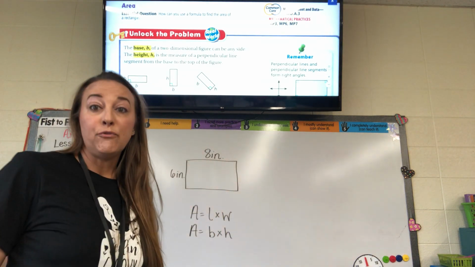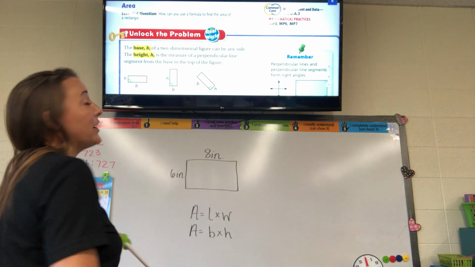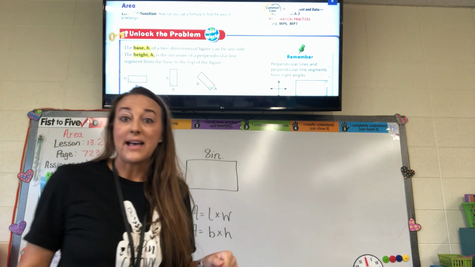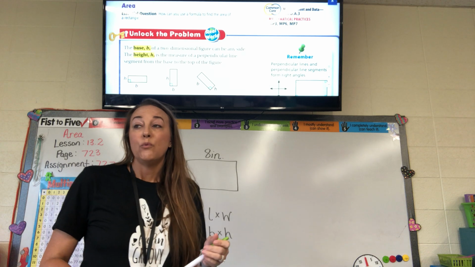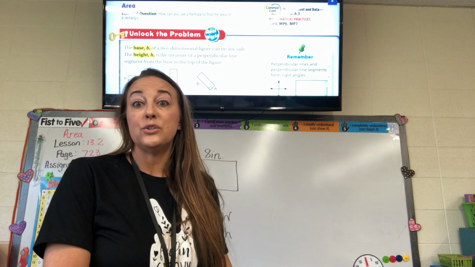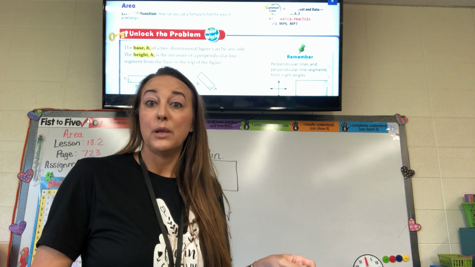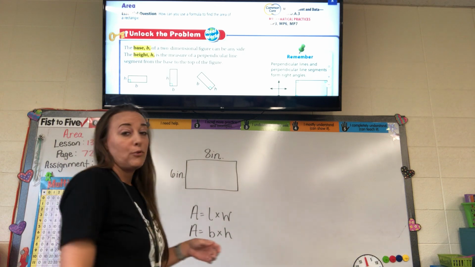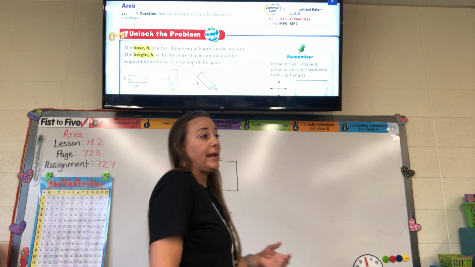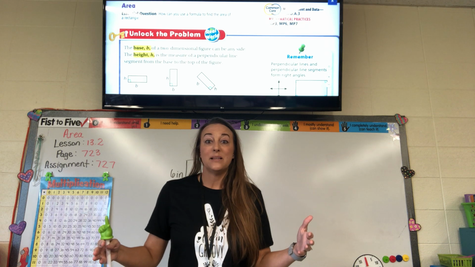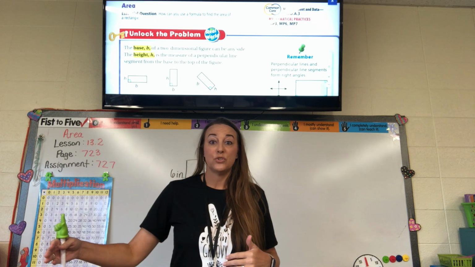How can you use a formula to find the area of a rectangle? Now, we talked about formulas in the last video with perimeter when we did the P equals 2 times the length plus 2 times the width. Well, area has a formula as well. The way you find area of a rectangle is simply multiplying 2 numbers together.